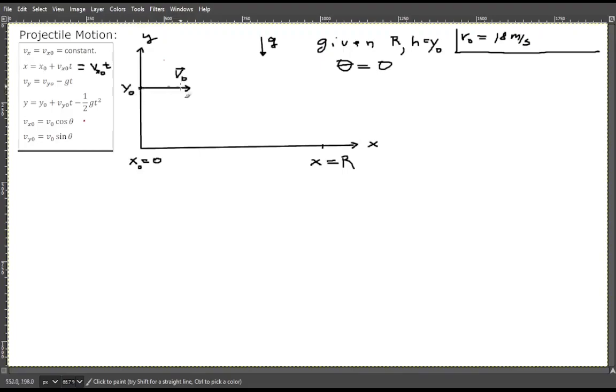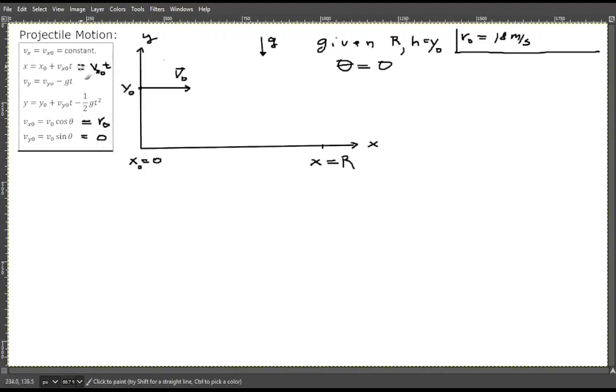Anyhow, we're going to shoot this thing horizontally, and that means in that case Vx0 will just be V0 cosine of 0, and cosine of 0 is 1, and Vy0 will be equal to 0. Let's see what that does for us in our equations up here.